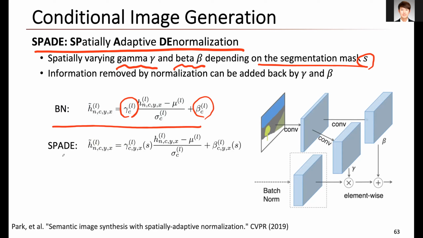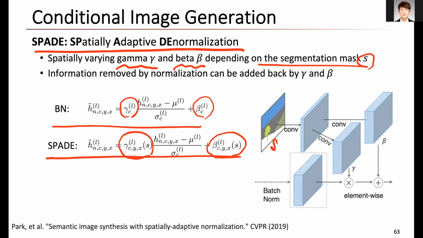But in SPADE, we want to define gamma and beta as varying not only along the channel axis but also the spatial axis. So it's going to be a tensor, which depends on segmentation mask S.